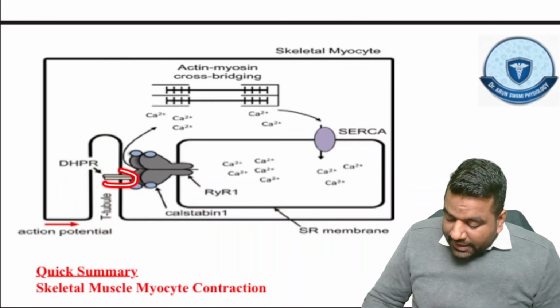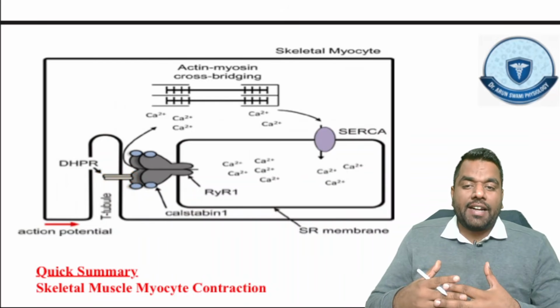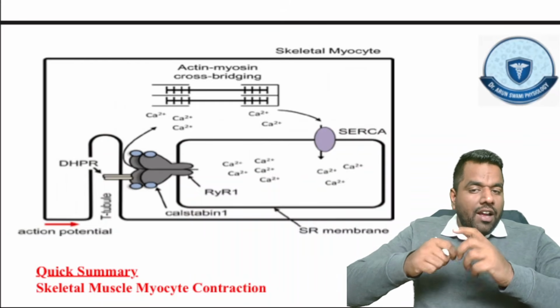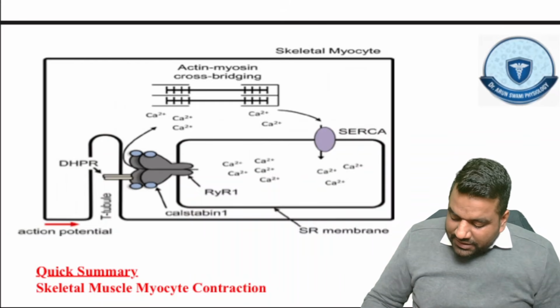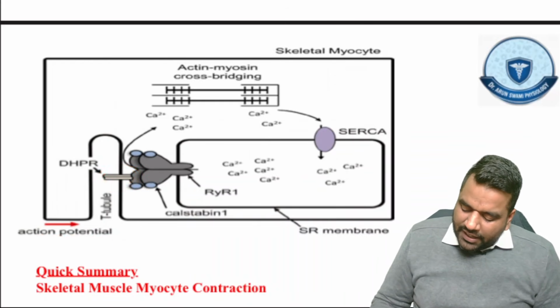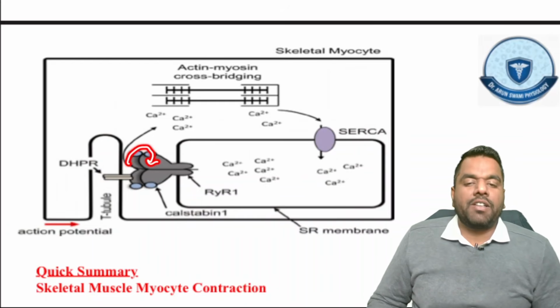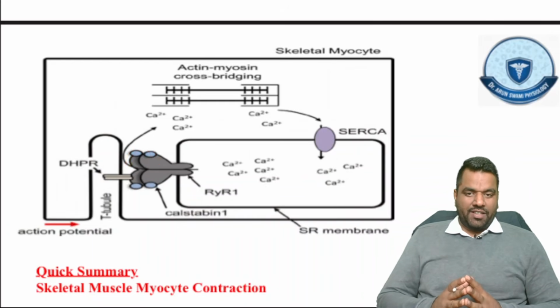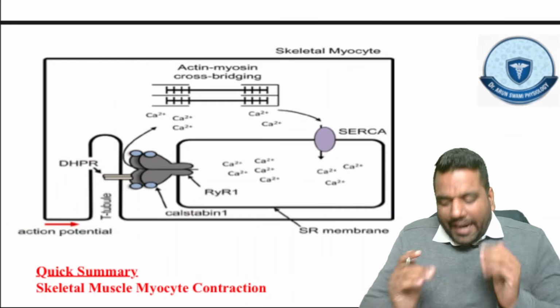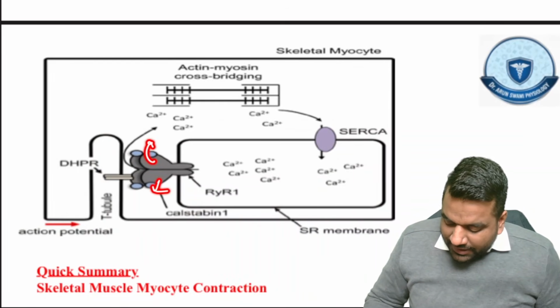Once the DHPR is activated, it is mechanically attached to the ryanodine receptor like a lock and key model. And once the DHPR is activated by this action potential, guys, it will activate the ryanodine receptor, which was earlier closed. Now this closed receptor will open up.